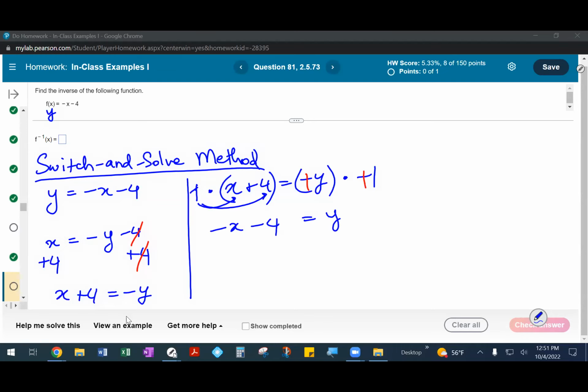What happened here? It's the same equation. So this is another example of where the function is its own inverse. So your inverse function, and again, using that notation for inverse function, replace the y with that f inverse of x.